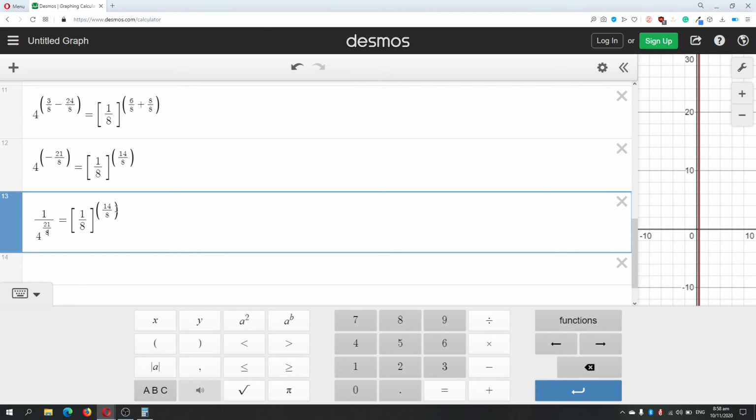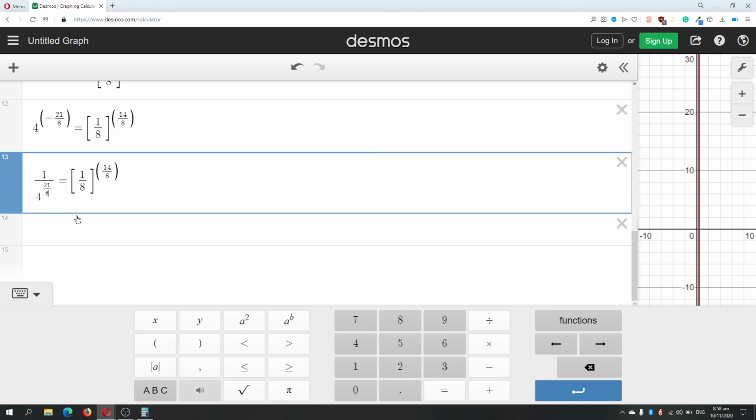Ganon din siya dito. Next. Ano ang next na gagawin natin? So express natin ng 1 over 8 or ito, 21, 8. Apply na lang natin siya dito.